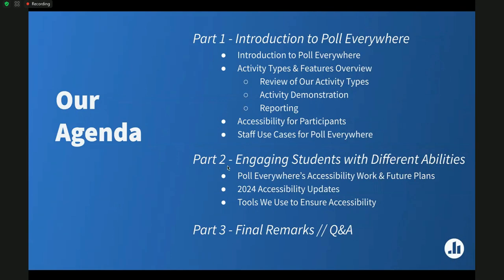And then for part 2 of our training, we'll go through how to engage students with different abilities. So we'll look at Poll Everywhere's accessibility work and our future plans, some 2024 updates, and then also some tools that we use to ensure accessibility. And then, of course, at the end, I'll save as much time as possible for a Q&A as well. But feel free to ask any questions throughout the training as they come up.